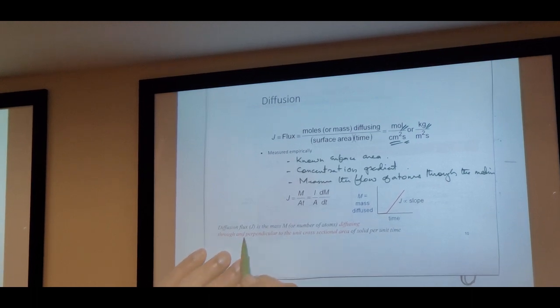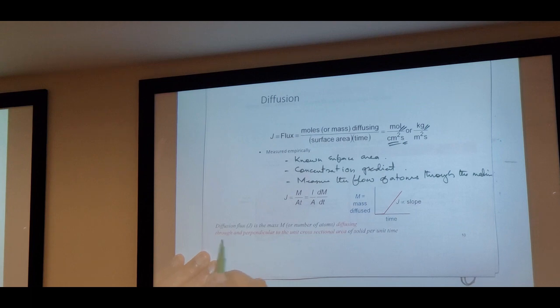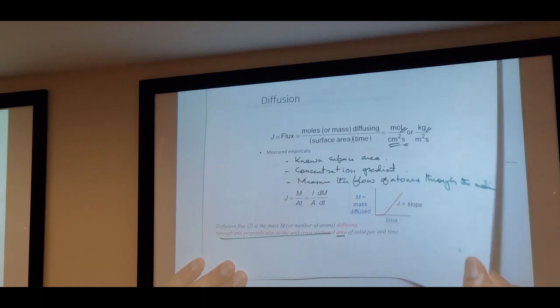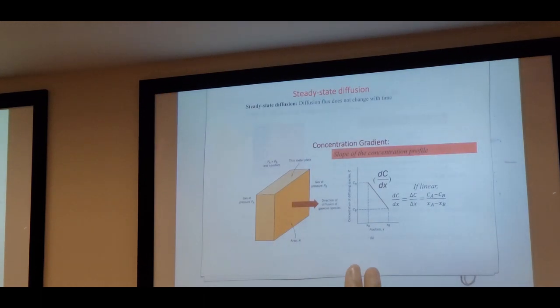Diffusion flux is the mass of atoms diffusing through and perpendicular to the unit cross-sectional area of a solid per unit time. That is the diffusion flux.